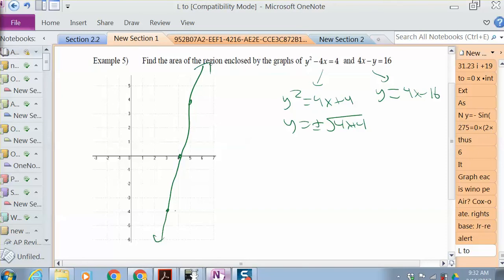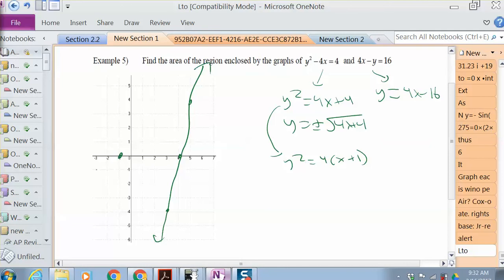But the other relationship is going to be a little tough if you're not quite sure what's happening. Maybe you guys might remember this from Algebra 2 Honors or regular Algebra 2 when you did conic sections. Maybe, I don't know. The vertex is at -1, 0. It's a sideways parabola.